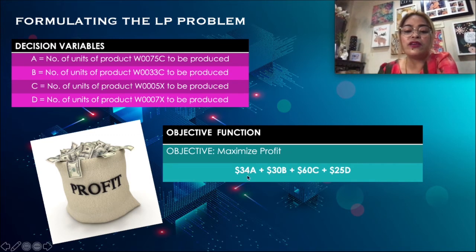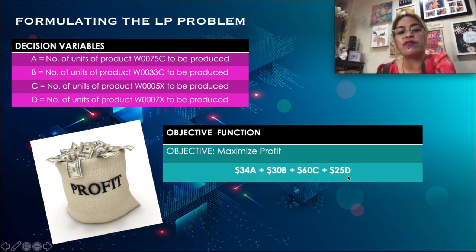It's $34 times the number of units of product W0075C, or product A, to be produced, plus $30 times product B, the number of units of product W0033C to be produced, plus $60 times the number of units of product W0005X to be produced, plus $25 times the number of units of product W0007X to be produced.